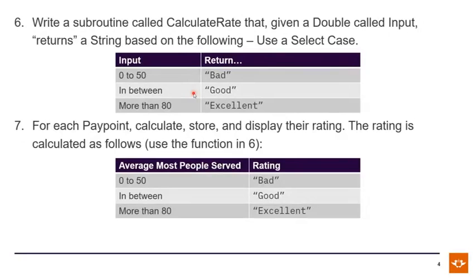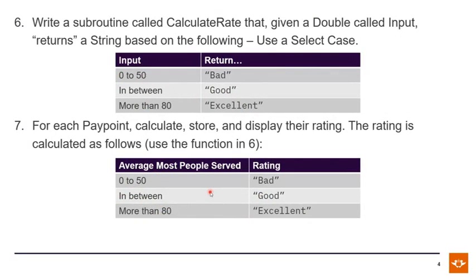And this question ends at question 7, and it says, for each pay point, calculate, store, and display their rating. The rating is calculated as follows, and it says use the subroutine. It's not a function. Use the subroutine in question 6, and as you can see here, this basically reflects the subroutine in question 6. You still have the values 0 to 50 here, so it's exactly the same comparisons.